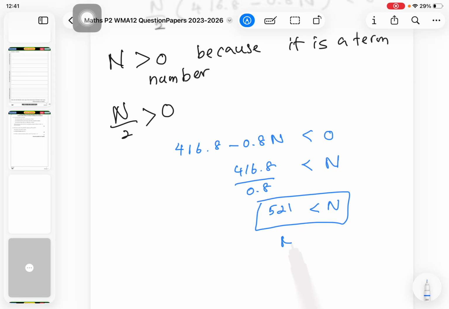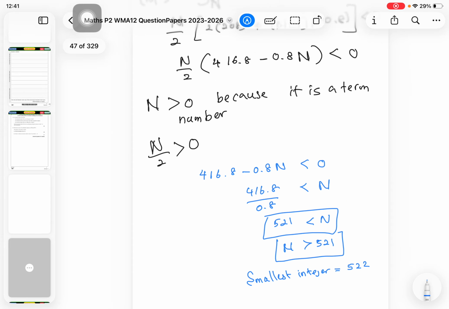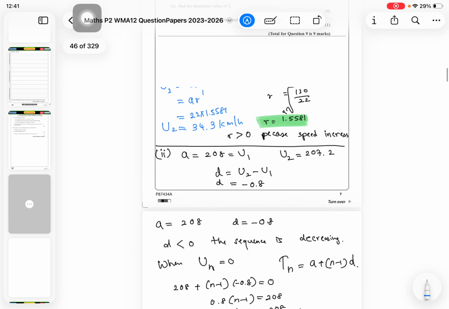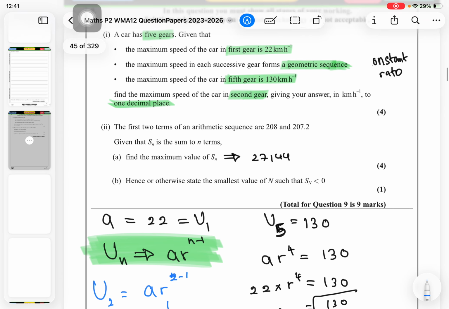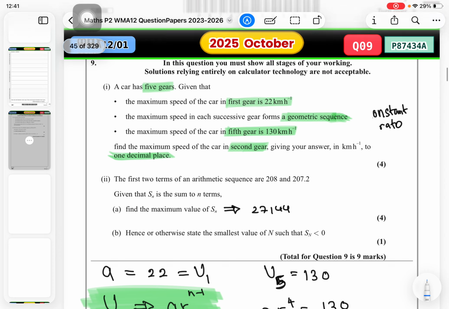So whenever n is greater than 521, it's going to be negative. So the smallest integer would be 522. This one. Smallest possible value such that Sn is less than 0.